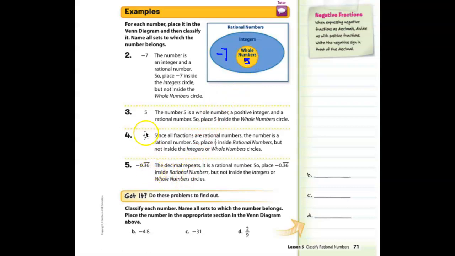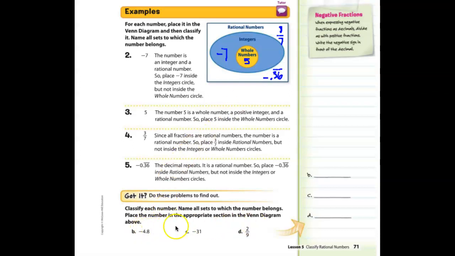Then we have the fraction. Whole numbers can never be fractions. Integers can never be fractions, so rational numbers should be the category for 3/7. Negative 0.36 repeating cannot be a whole number. It can't be an integer, so that's also going to be in the rational number category.